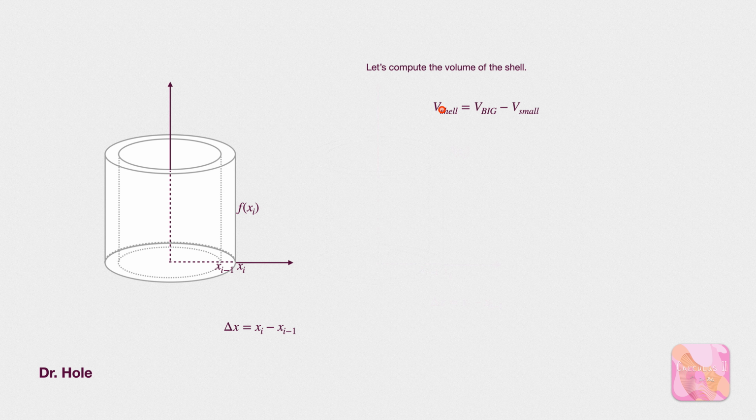So we want to know the volume of the shell. And we're going to use the familiar big minus small. What do we mean by that? We have an outer shell with a large radius x sub i.